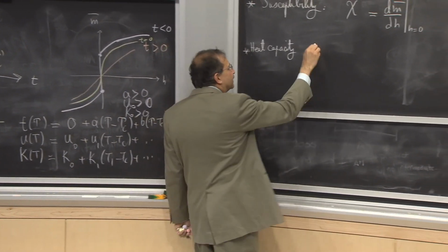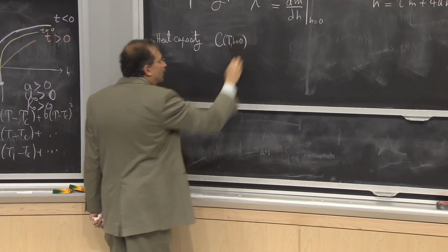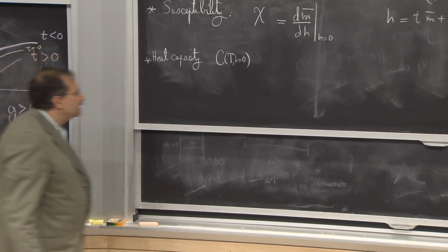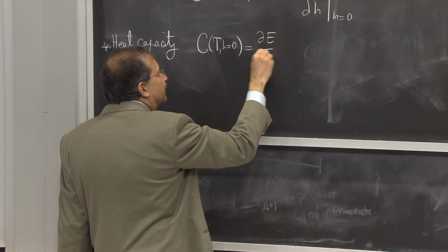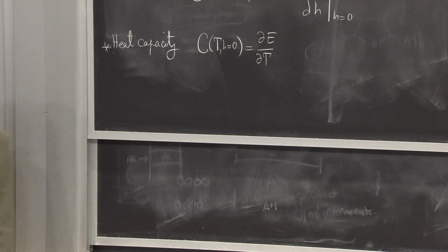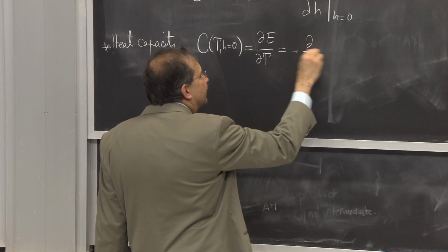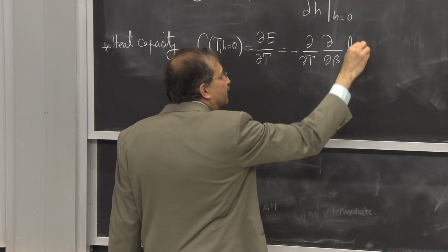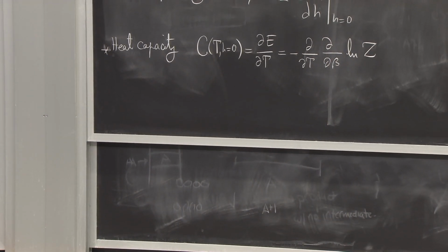The heat capacity, which is a function of temperature, let's focus only on the case where h equals 0, is obtained by taking a temperature derivative of the internal energy of the system. Now, the energy, on the other hand, is obtained by taking a d by d beta of log of the partition function.